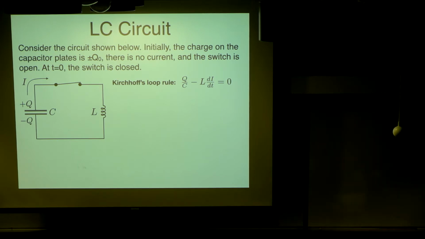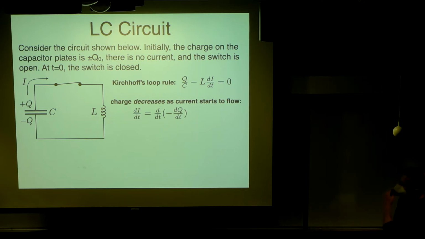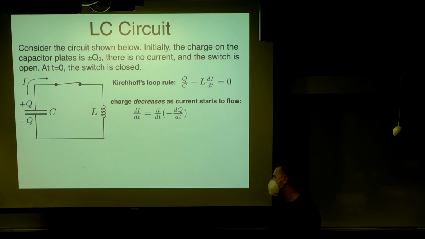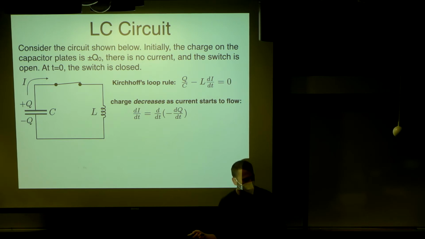Okay, so the first thing I want to do is come up with a substitution for di by dt, and this is what I'm thinking, okay? So di by dt, that's the derivative of current with respect to time, right? But what is current in the first place? Current is the derivative of charge with respect to time.